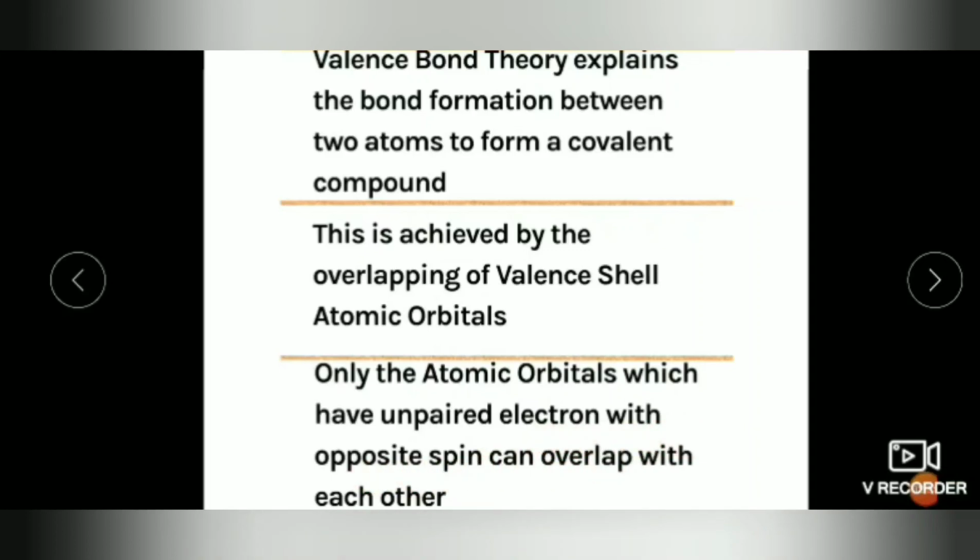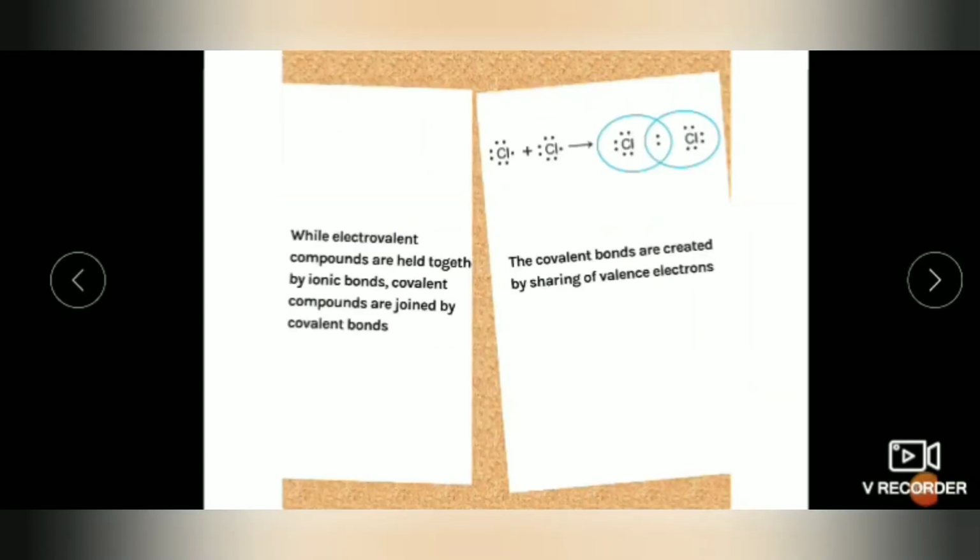Opposite spin means plus or minus spin, and these overlap with each other to form the bond. Next, how the covalent compounds form.